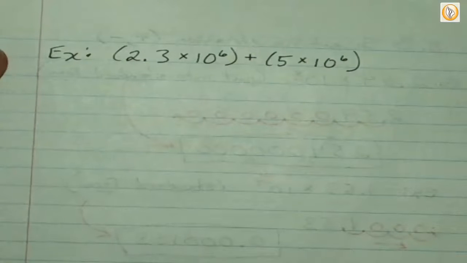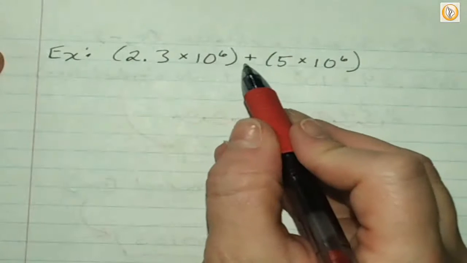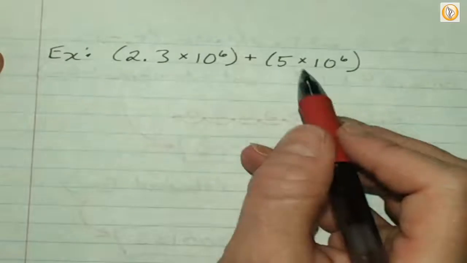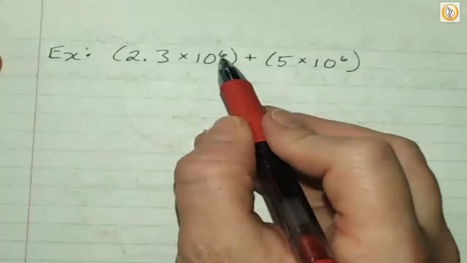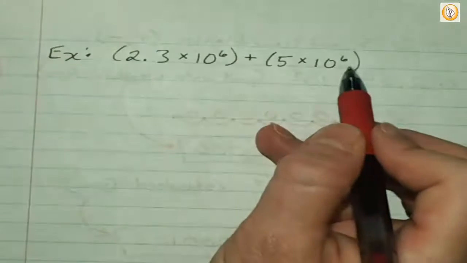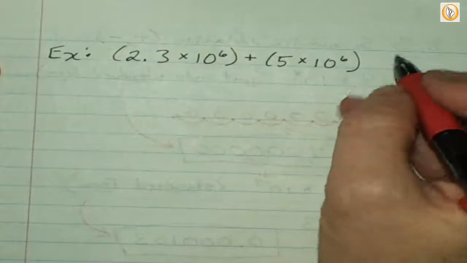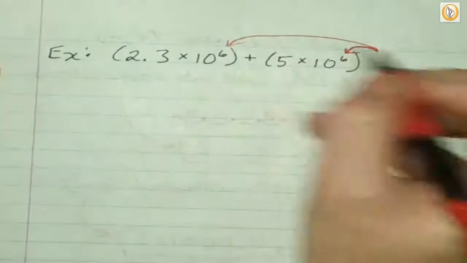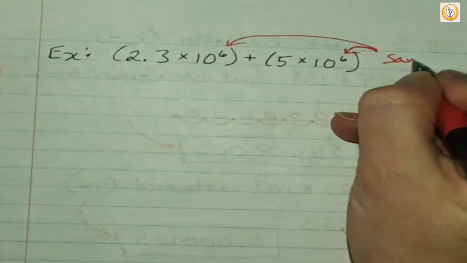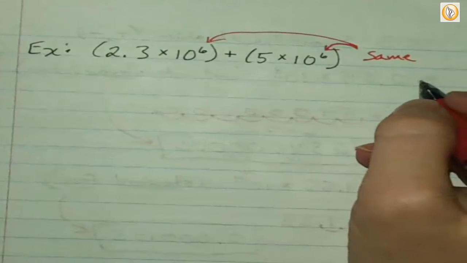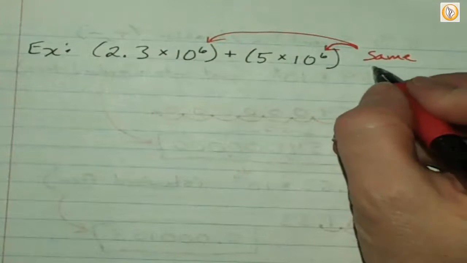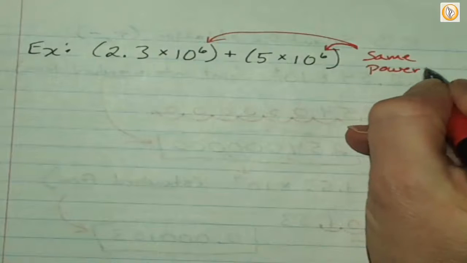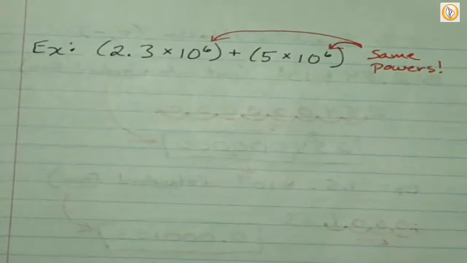The exponents, or the powers of 10, have to be the same. Are these the same powers of 10? Then we can go ahead and do regular adding and subtracting.